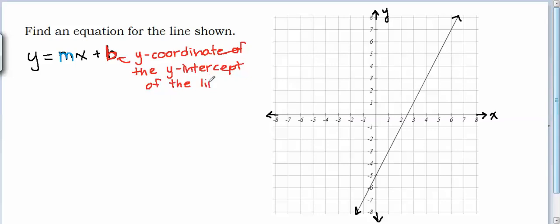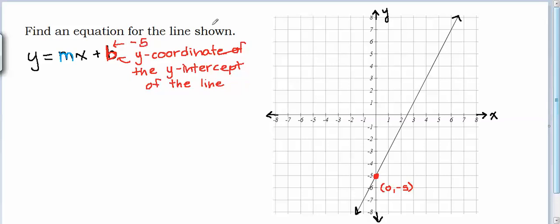So if we look at our line here, our y-intercept is going to be the point where this line intersects the y-axis, or the vertical axis, and we can see there it is right there. Our y-intercept is happening at the y-coordinate of -5. So this point here would be the point 0, -5. That's my y-intercept. The x-coordinate is 0. The y-coordinate is -5. So we've figured out here that the b in this equation needs to be a -5.